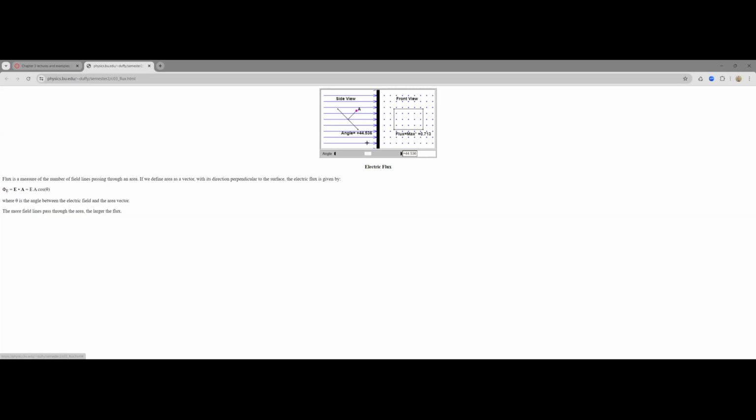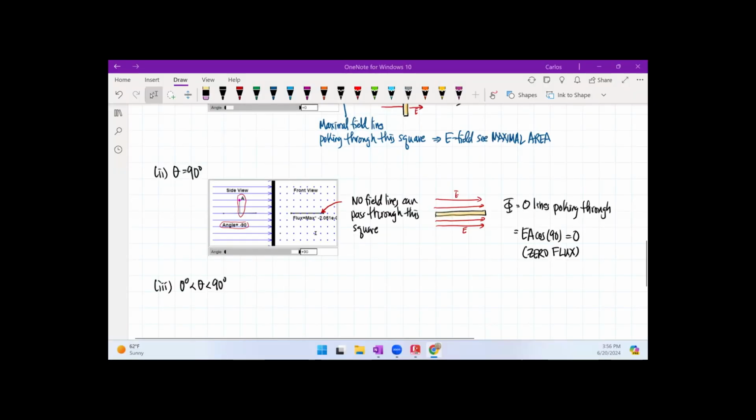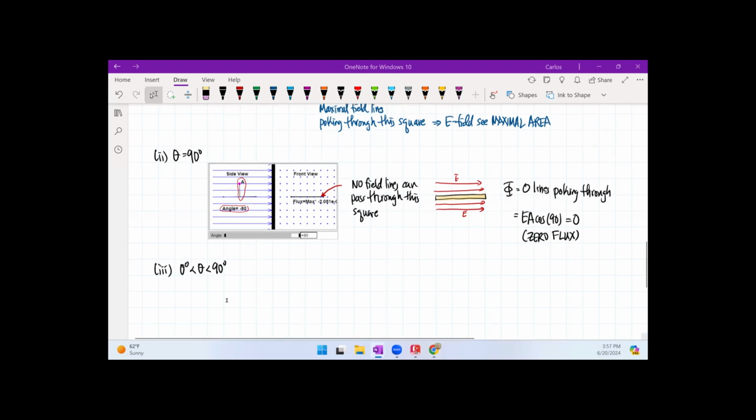So now what you're seeing here is that I have tilted my rectangle or square, and you could see that the normal vector is perpendicular to the surface. So if I copy this and bring it into here, here's what I'm looking at.